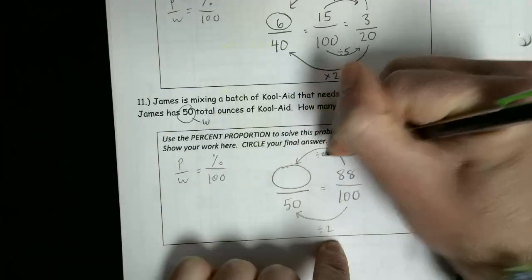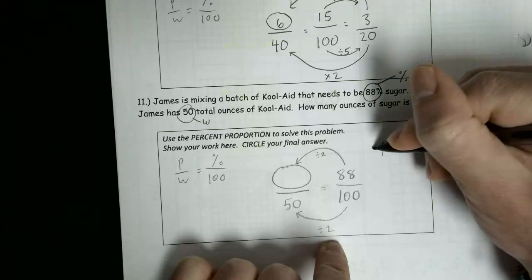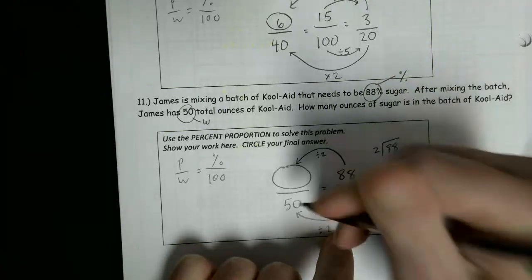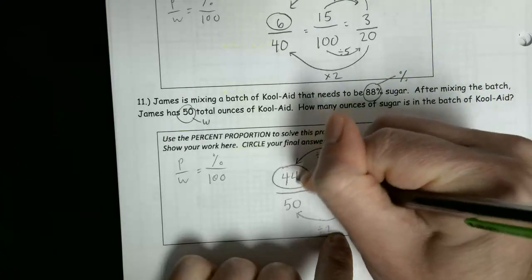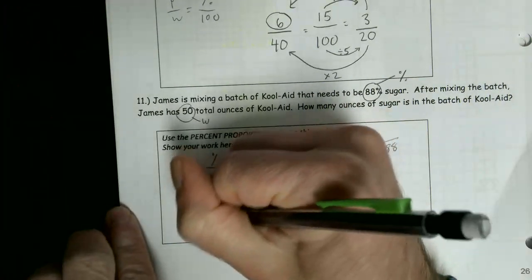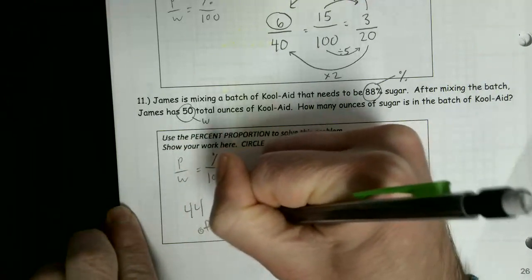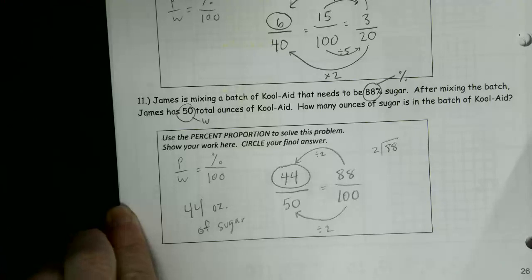88 divided by 2, if you didn't know it by memory, you can put it in the dividend and divide it, but it would be 44. If you cut 88 in half, it would be 44. So that means there's 44 ounces of sugar out of 50.